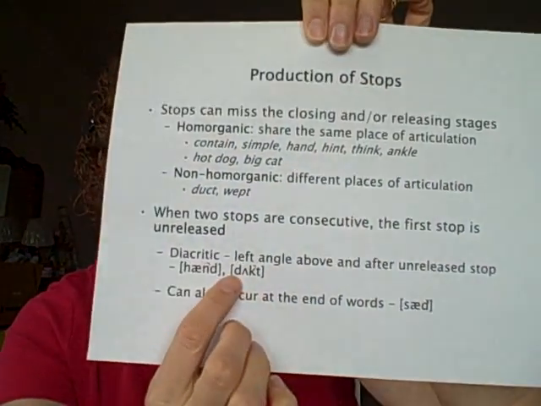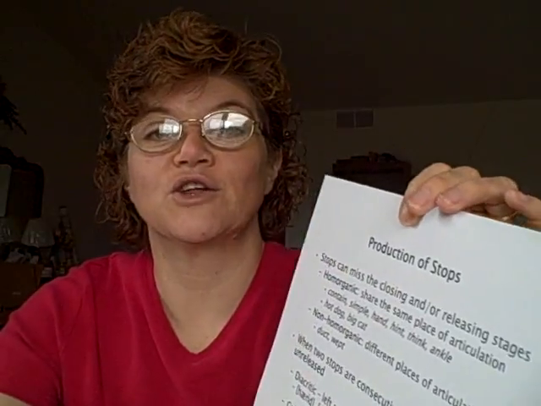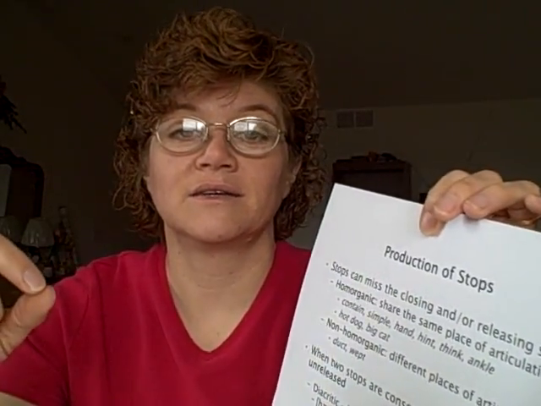And when you're looking at ducked, it's the same thing. You go from the k to the d, but it is not released. You don't go duck-t. You actually don't have a space in between them. It can also occur at the end of words, like sad. So sometimes in our conversational speech, we actually don't release the end consonant. We don't go sad when we're in a conversation.